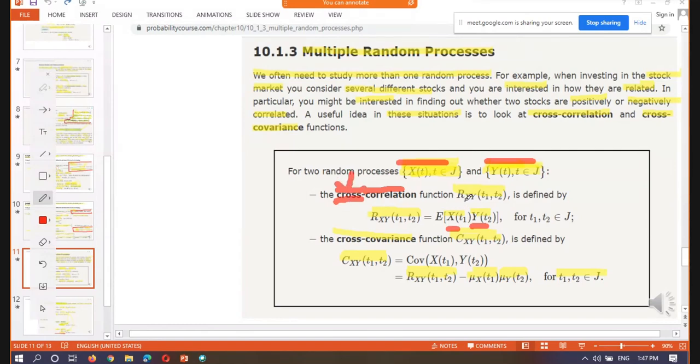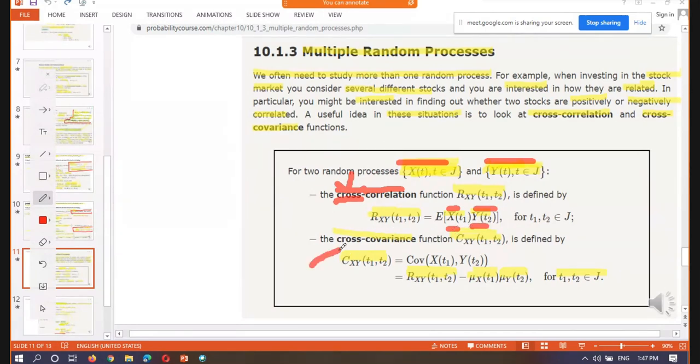Cross correlation R_XY(t1, t2) is defined like this: expectation of X(t1) Y(t2). Earlier it was X, so X(t1), X(t2), but here R_XY is the cross correlation between the two random processes X(t) and Y(t).